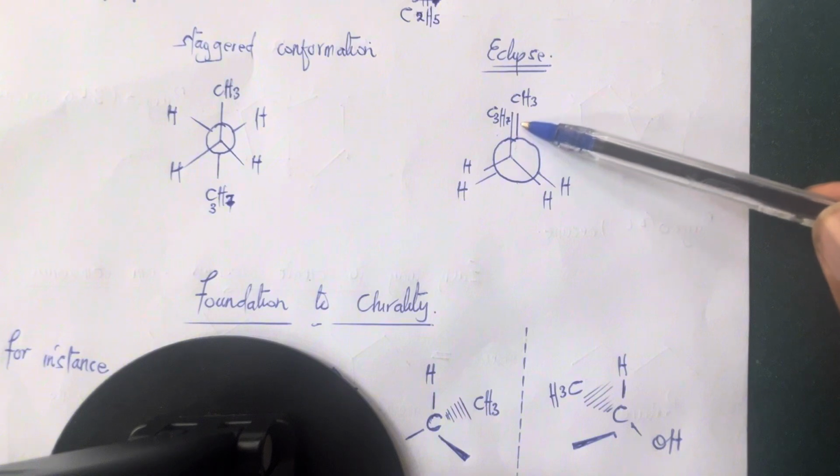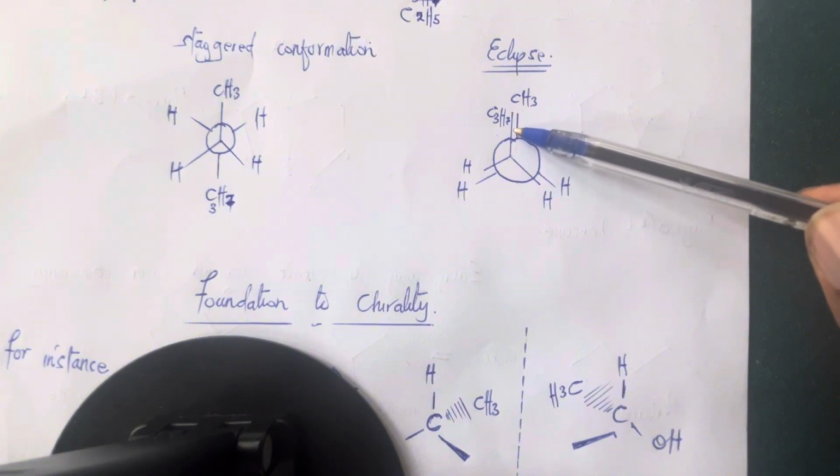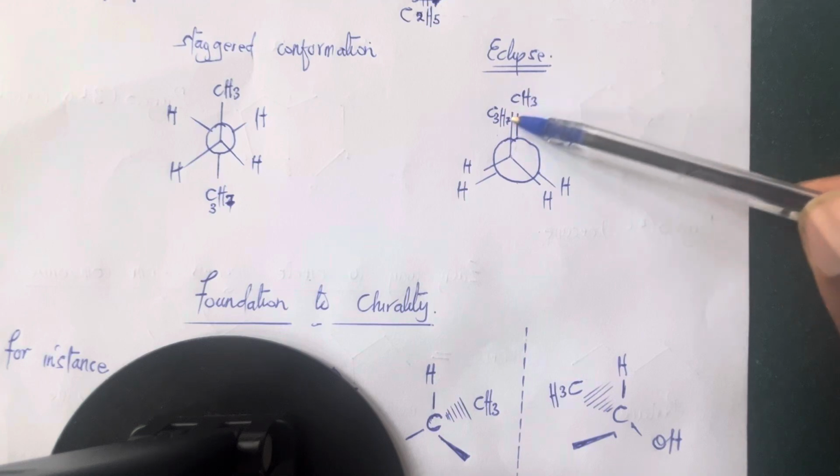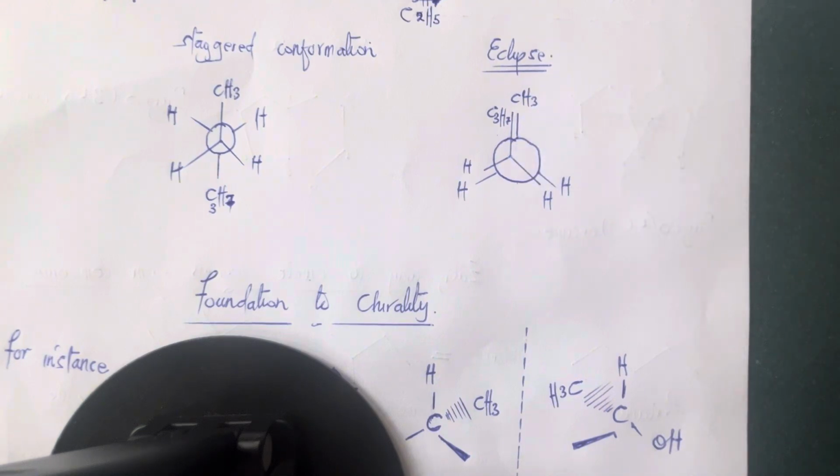The angle between these two is 0. For that matter, it is never stable. There will be an increase in torsion strain. The groups of atoms in the molecule are going to repel each other, making it unstable.